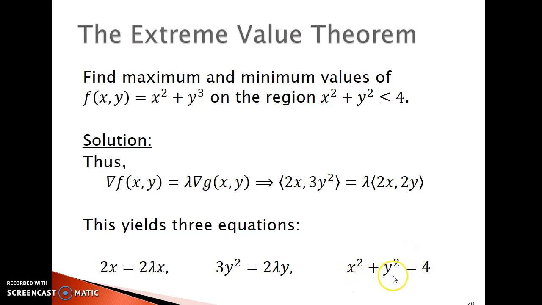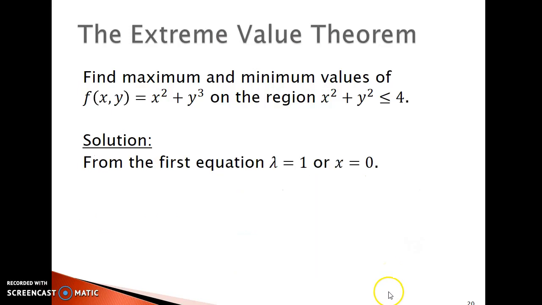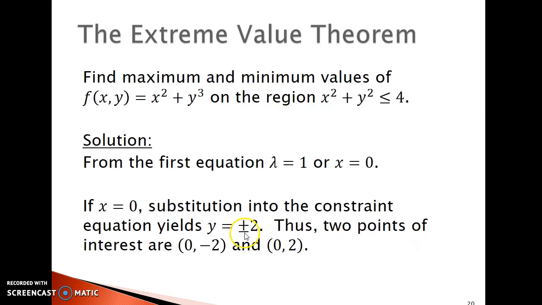When x is 0, y must be either plus or minus 2. So we now have 2 points of interest, x being 0 and y being -2, or x being 0 and y being +2.